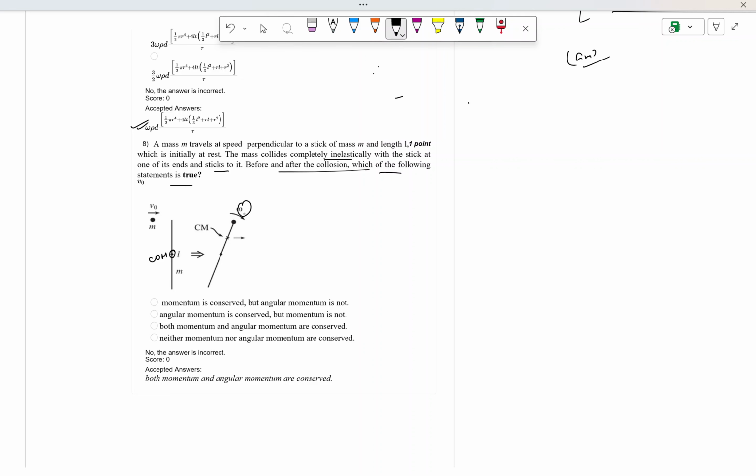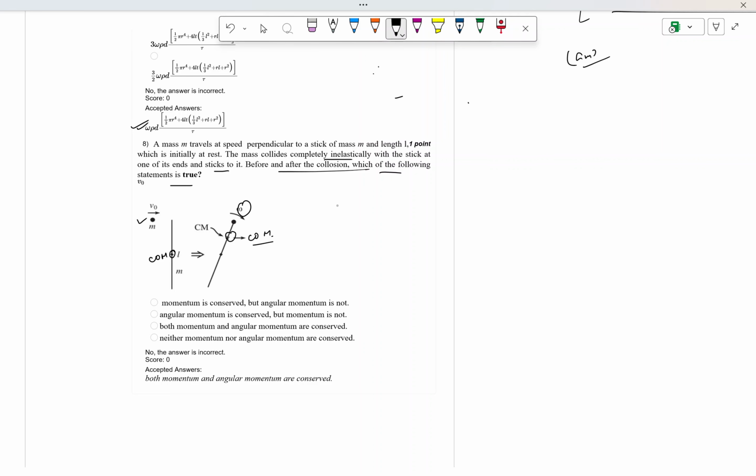That is why the angular rotation omega is there, and the center of mass has been shifted from this point up to this point. This is the new center of mass, because obviously the end point now has an extra mass m, so the center of mass should shift downwards from the center.